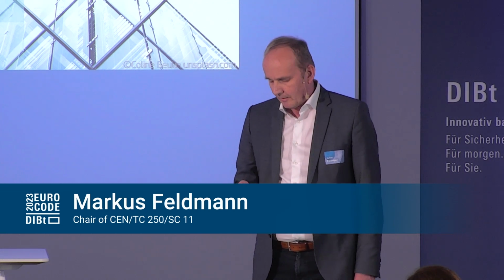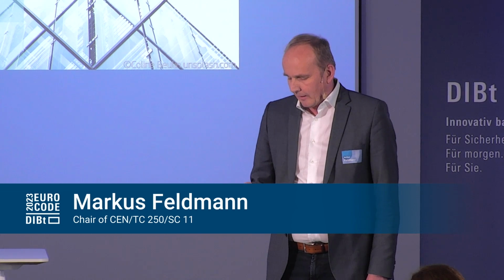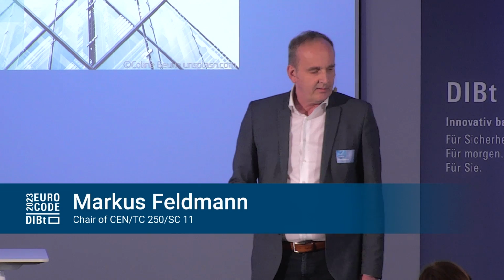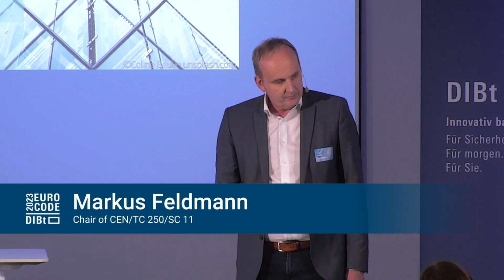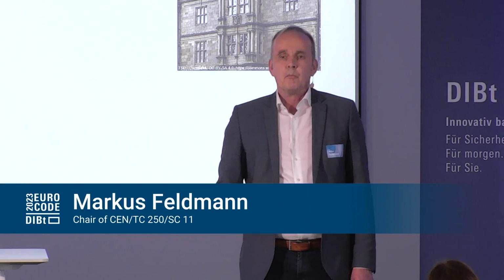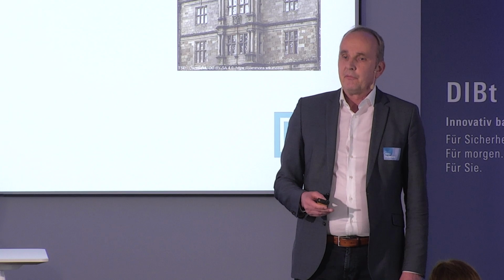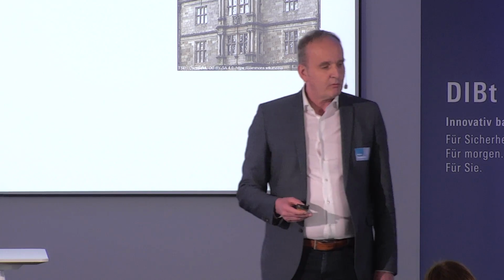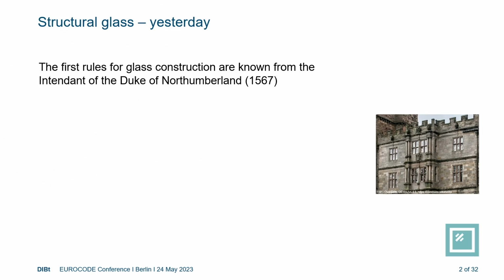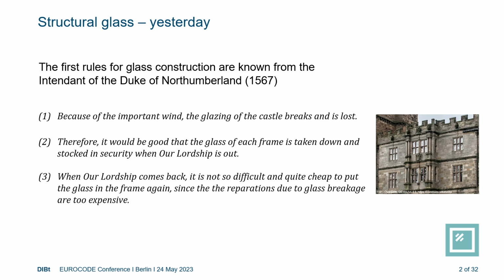And with a smile on my face, I would like to say that this reaches back more than 550 years, because the first rules on glass construction are known from the intendant of the Duke of Northumberland in 1567. He said that because of the wind, the glazing of the castle breaks and is lost.